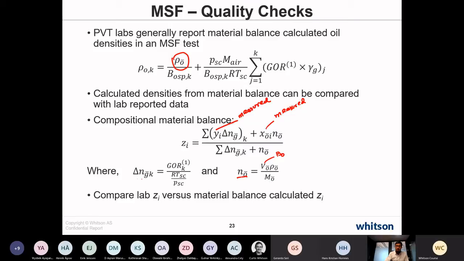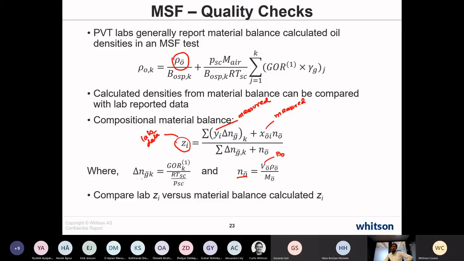So we calculate the moles of the oil, we calculate the moles of the gas removed, and then we just apply a simple component material balance to calculate the total composition that was present initially in the PVT cell. And then we can compare this with the lab reported total composition. So that's another QC of the multi-stage separator test.